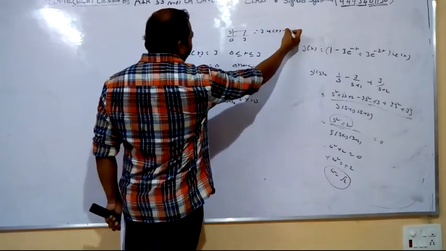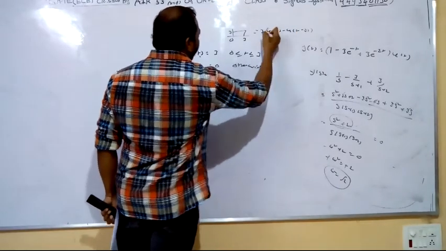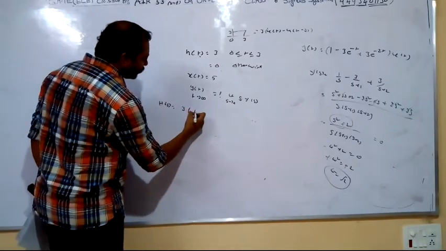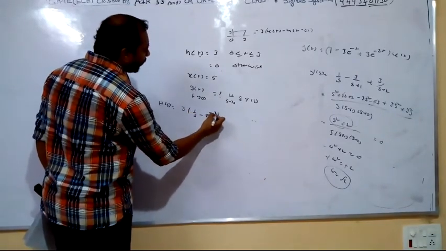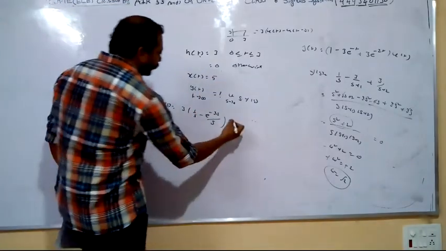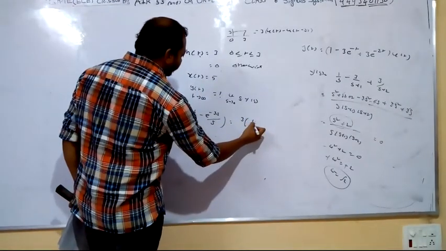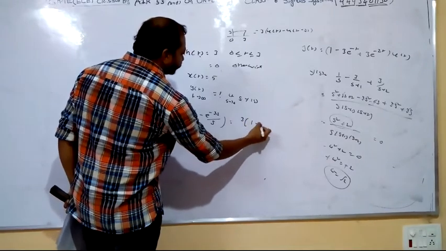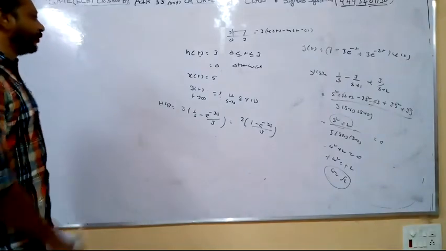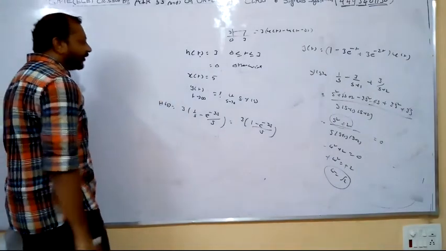So this is equal to 3 into u of t minus u of t minus 3. The corresponding h of s is equal to 3 into (1 by s minus e to the power minus 3s divided by s). So this can be represented as 3 into (1 minus e to the power minus 3s) divided by s.